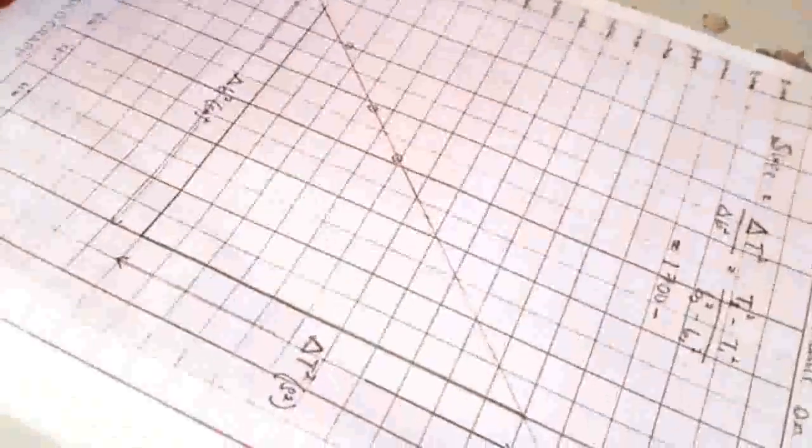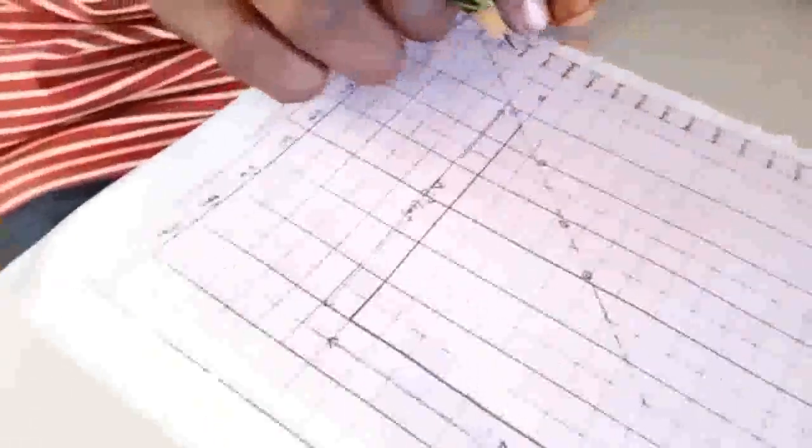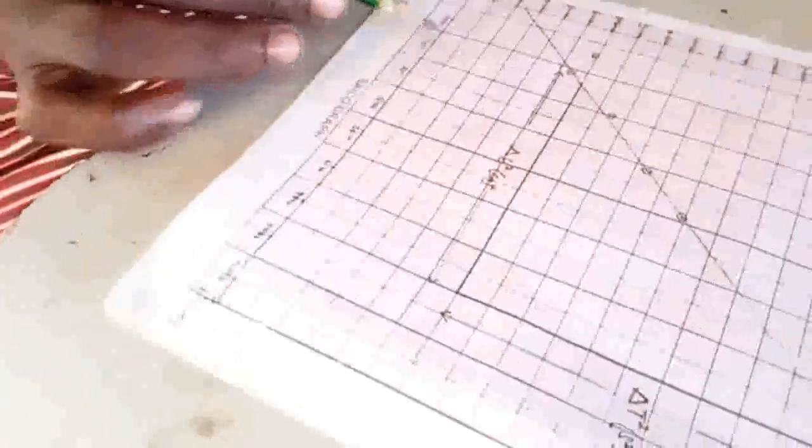Sorry, my T2 square is located here, which is 1.700 minus my T1 square. My T1 square is 0.600 all over my B2 square is 7,500 minus my B1 is 1,850.